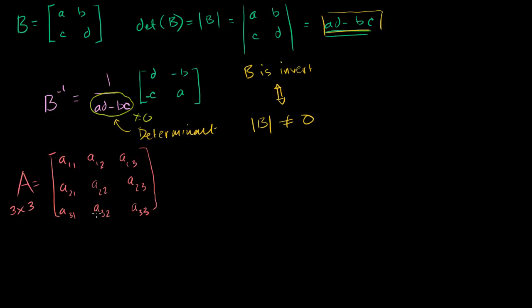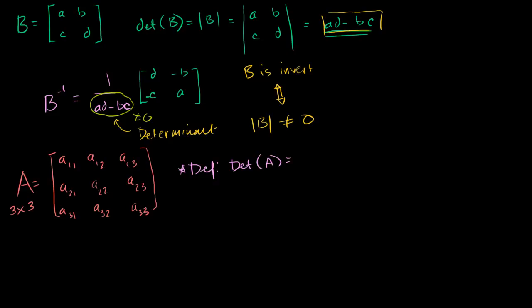I am going to define the determinant of A. So this is a definition. I'm going to define the determinant of this 3 by 3 matrix A as being equal to, and this is a little bit convoluted, but you'll get the hang of it eventually. In the next several videos, we're just going to do a ton of determinants, so it becomes a bit of second nature to you.